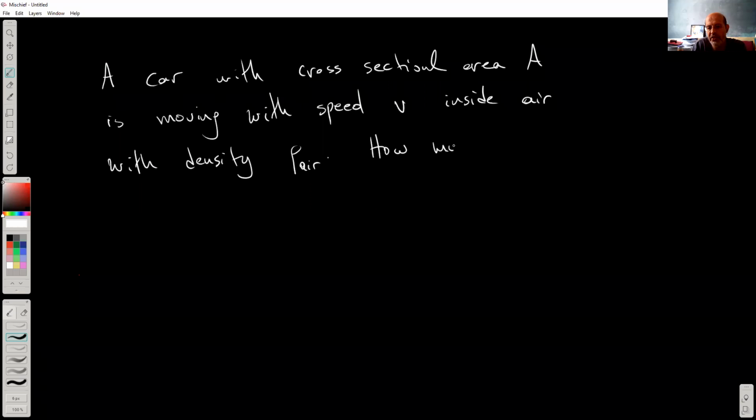How much power must the car use in order to maintain the same speed?